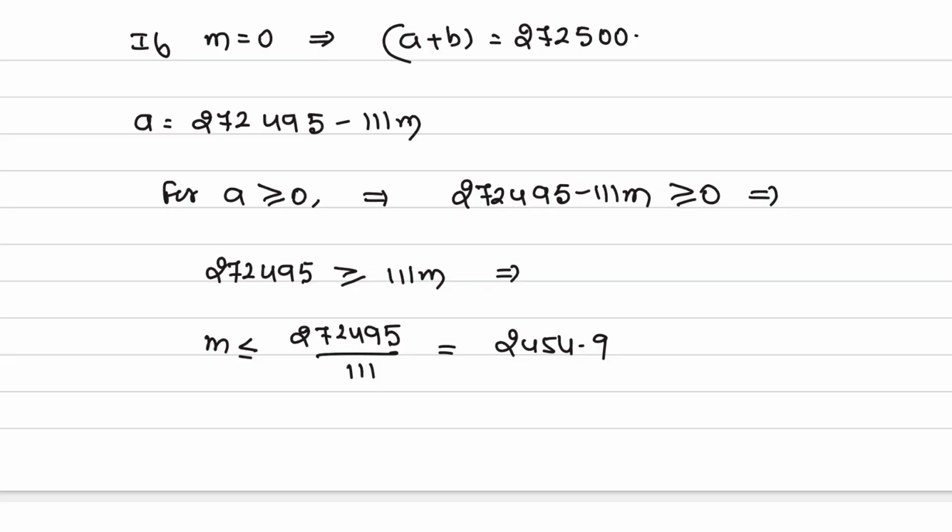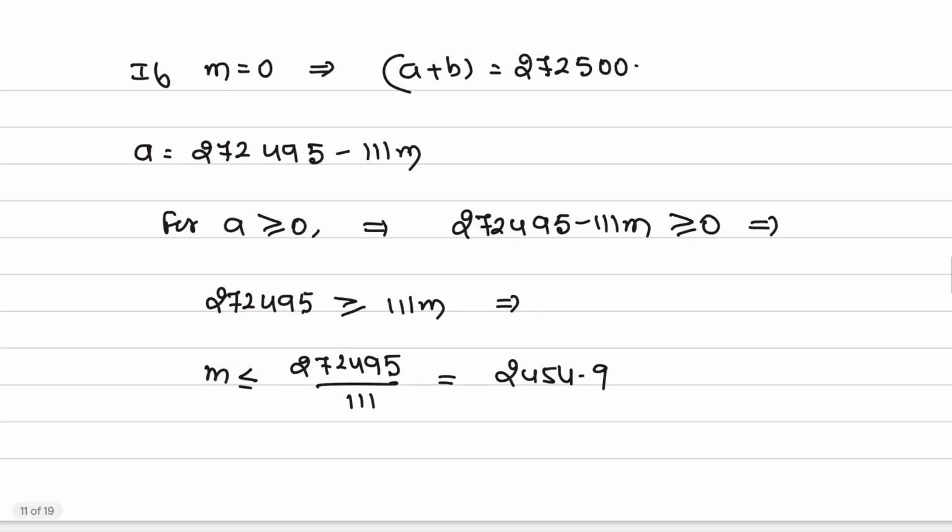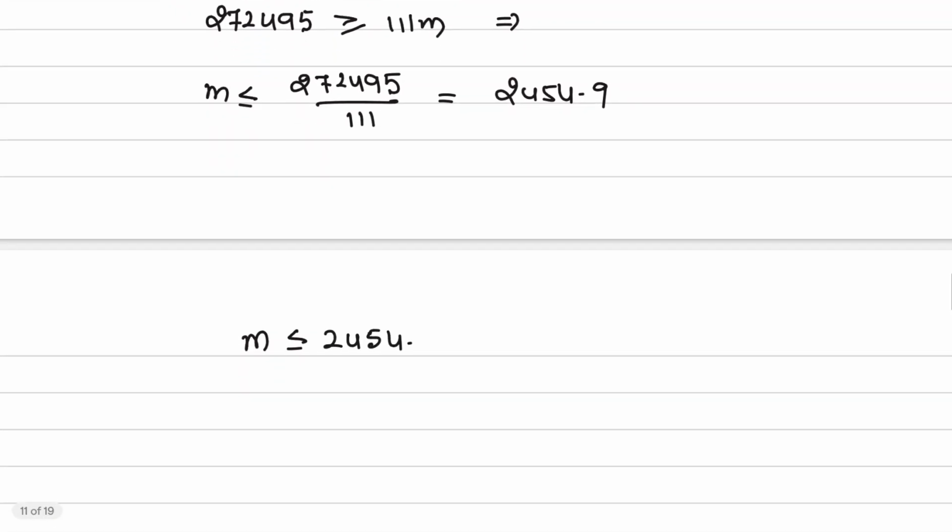But we wanted values in integers. That means m should be less than or equal to 2454. The maximum value of m is 2454.